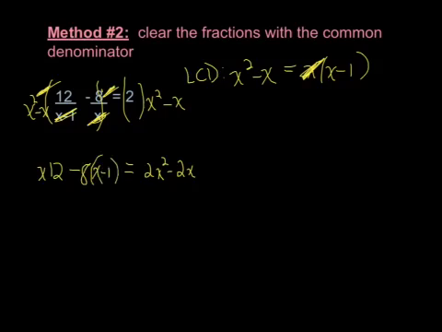Voila, the fractions have disintegrated. I have 12x minus 8x plus 8 remaining, equal to 2x squared minus 2x, and the rest of this algebra will continue as it did with our first example, because this is the same problem. Two answers will be found, that x equals 4 and x equals negative 1.